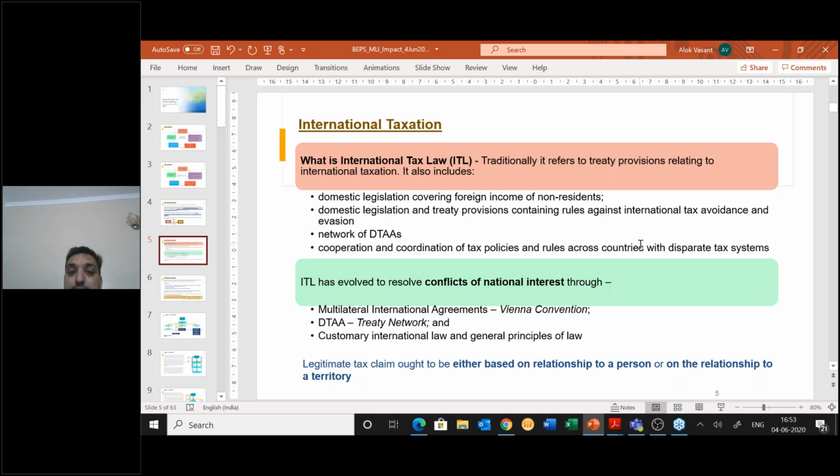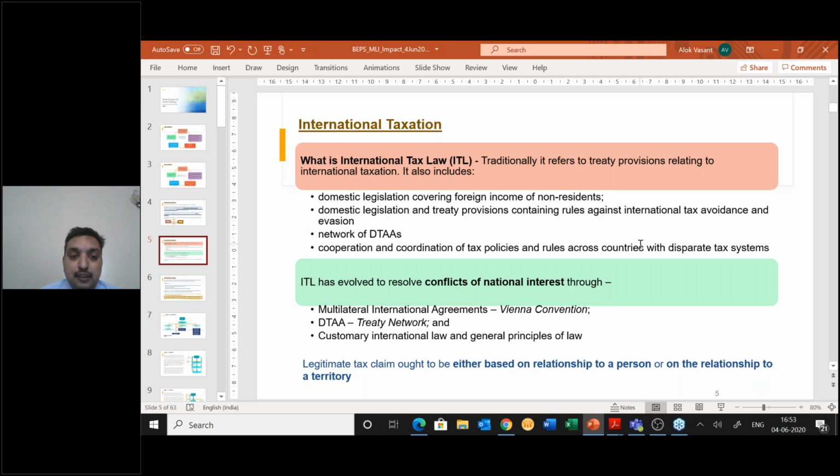It would include multilateral international agreements. Vienna Convention is one example. Then you have the DTA or the treaty network, and then there's customary international law and general principles of law, which are followed while interpreting or applying treaties.